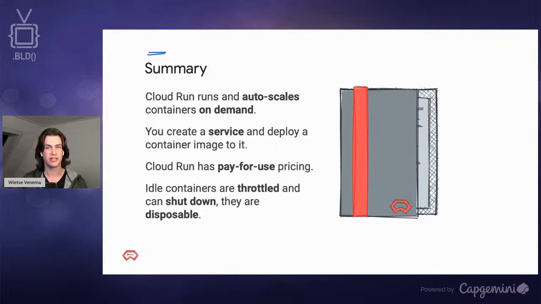And to deploy your container image, you create a service resource, and this is what you will interact with primarily to deploy a new version, roll back to a previous version, and change configuration settings like environment variables, scaling boundaries. And the pricing model, finally, is unique because you are charged only for container time while handling requests. And a consequence of this model is that you can't rely on background tasks because they might not complete. So do your work before you return the HTTP response.